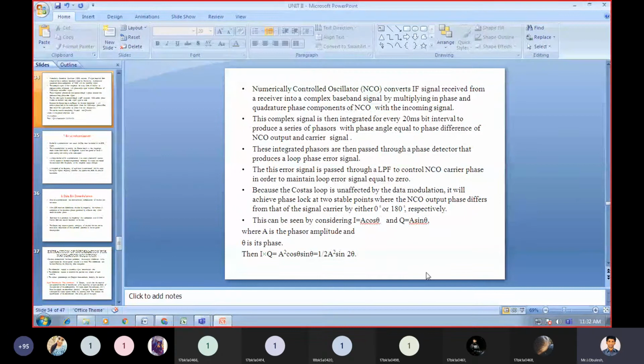What is the formula for that? It is 1 by 2 A squared sin 2 theta. So I times Q equals A squared cos theta sin theta, which equals 1 by 2 A squared sin 2 theta.